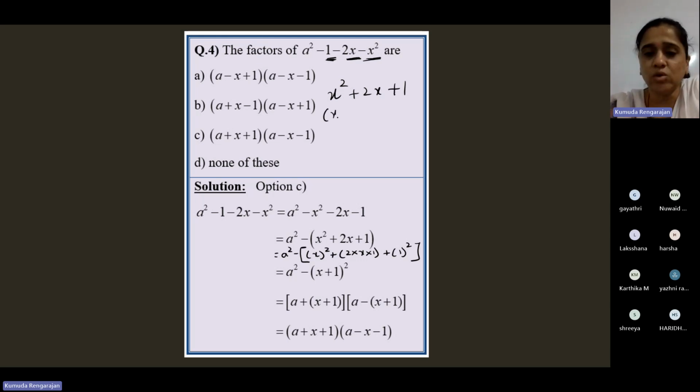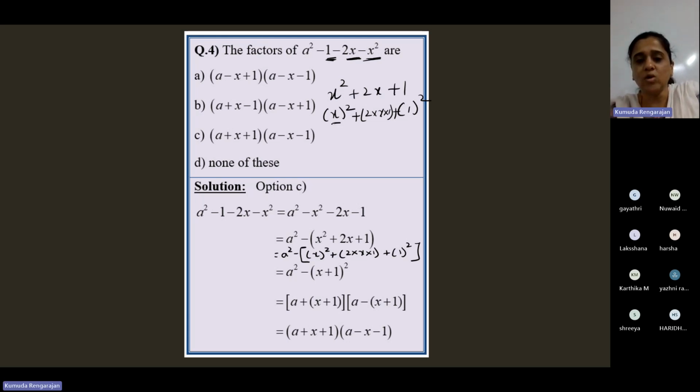Now this can be written as x the whole square, and this as 1 the whole square. So like a squared plus b squared plus 2ab, where 2ab is 2 into x into 1.